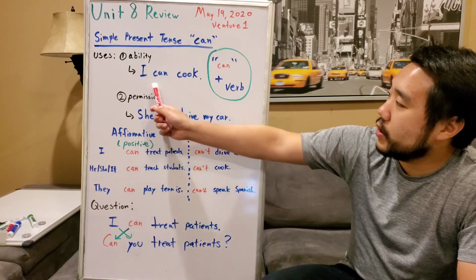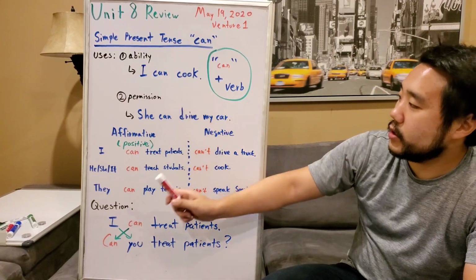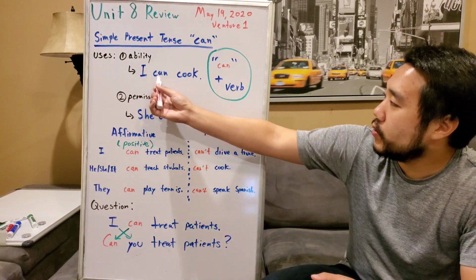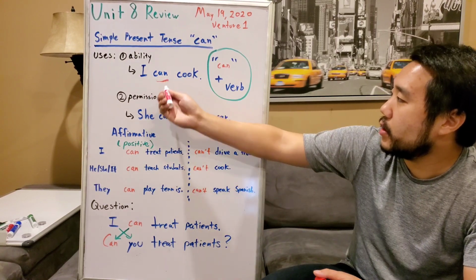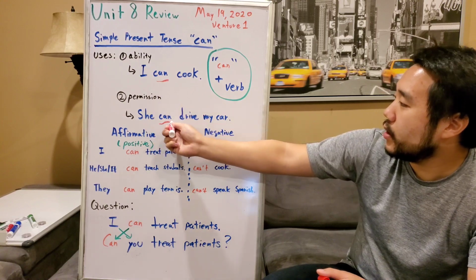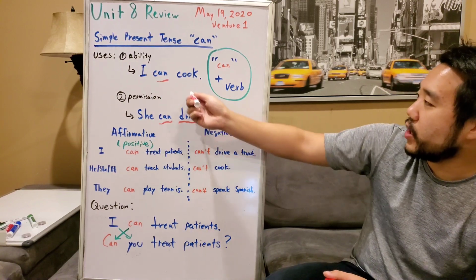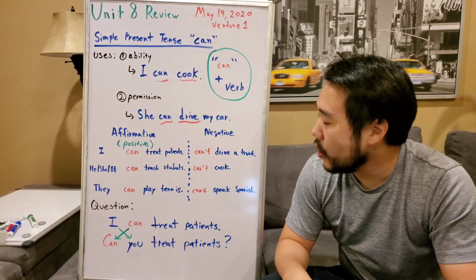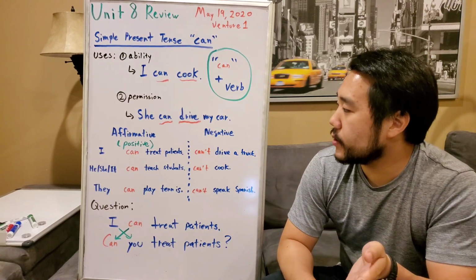As you can see, I can cook, she can drive. We use can and a verb. It's that simple.